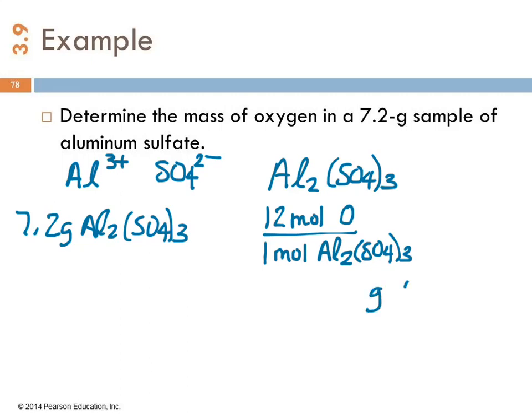We want grams of oxygen. We're going to need to do some moles in the middle, right? From grams of aluminum sulfate, we could calculate moles of what? Moles of aluminum sulfate.